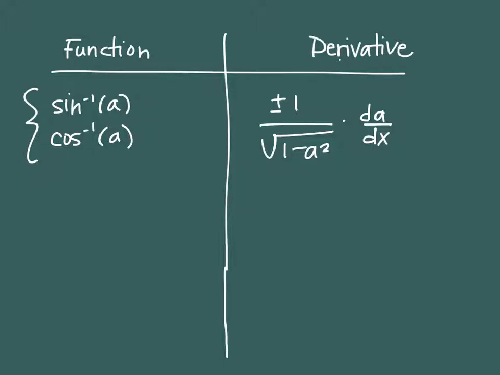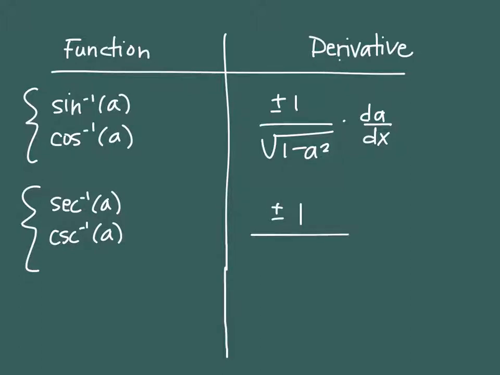All right, the next set I'm going to give you is secant and arcsecant. So secant inverse of A and cosecant inverse of A. Those two go together as well. The only difference is the plus or minus. Their derivative is plus or minus 1 over. All of these have the same pattern.